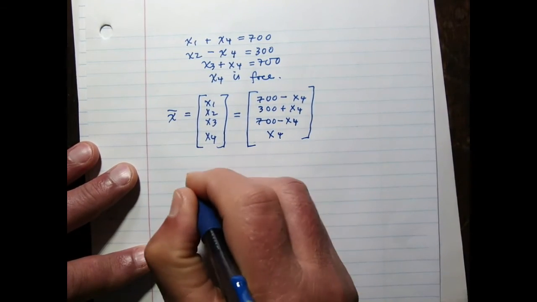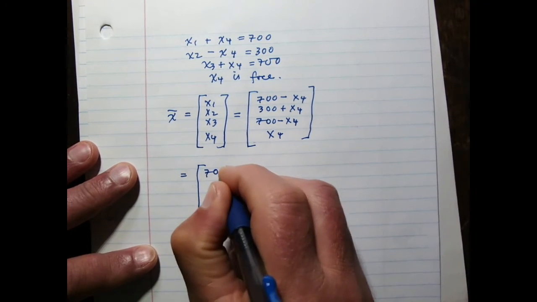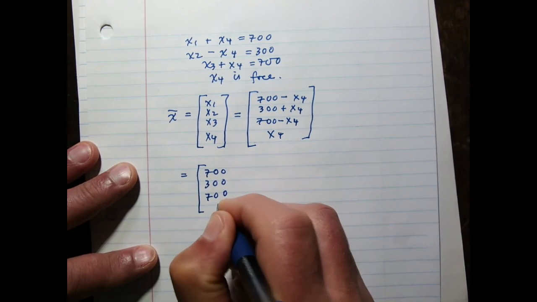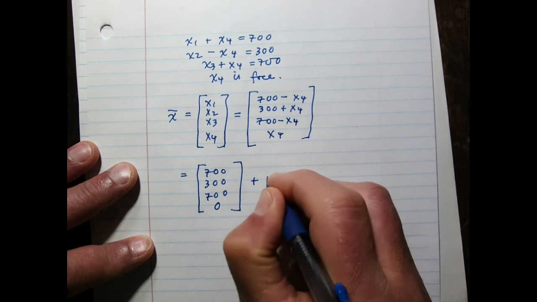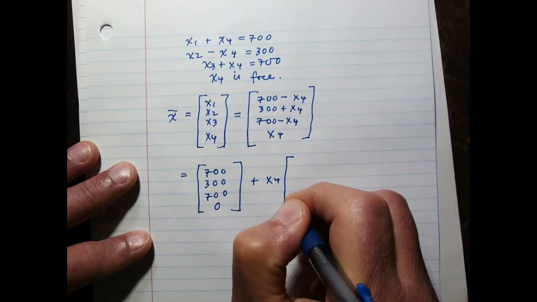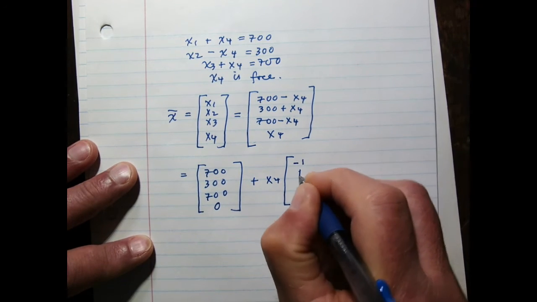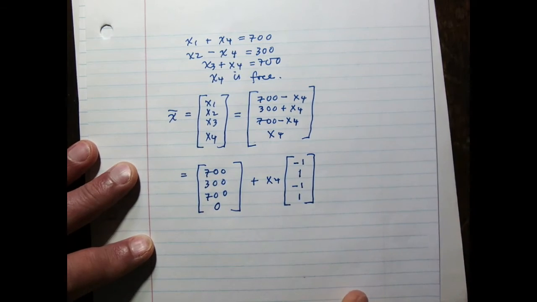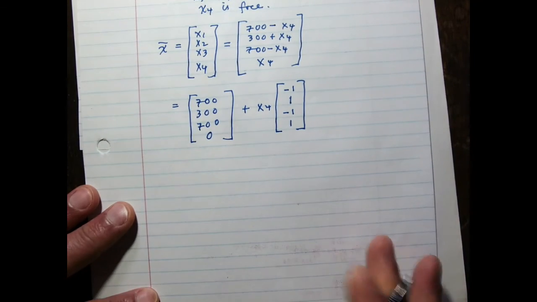And so in vector form, I can express this as a constant vector, 700, 300, 700, 0, plus x4 times the vector negative 1, plus 1, negative 1, plus 1.